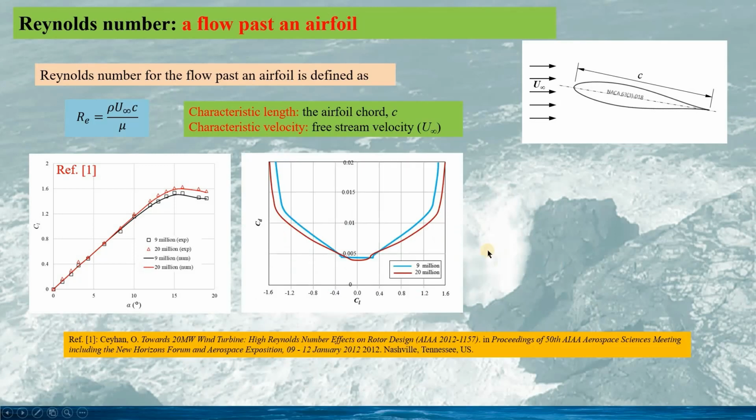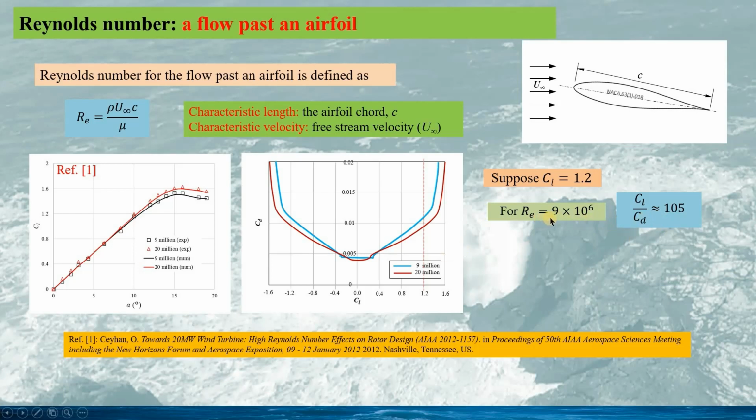And the more significant influence of the Reynolds number is on the drag coefficient. See this plot. Here we can see a higher Reynolds number means a smaller drag coefficient. See the red line. And if we take the lift coefficient CL 1.2 as the reference, then we can calculate the ratio of the lift over the drag.